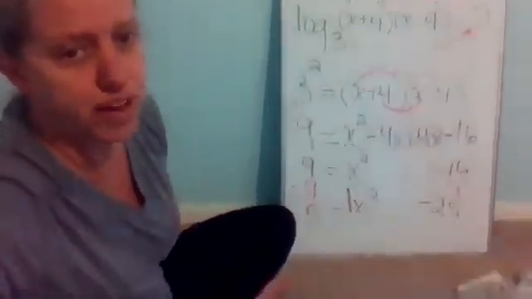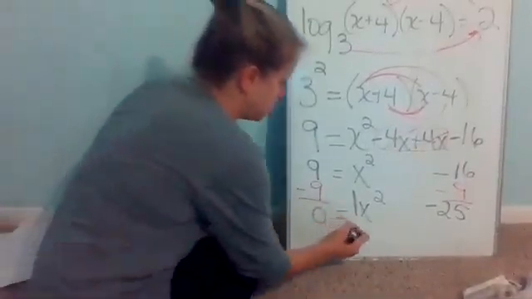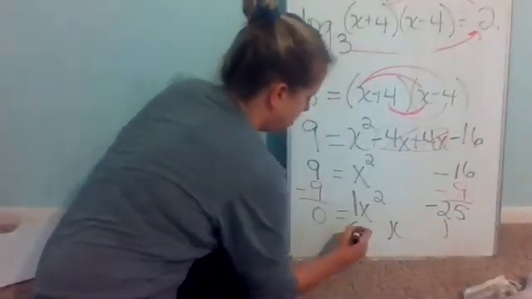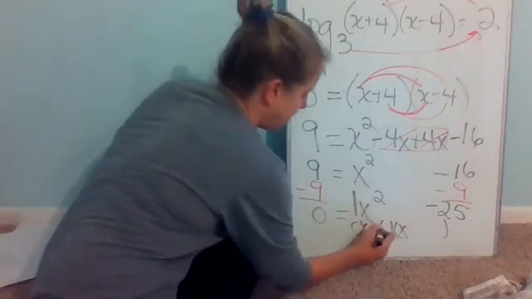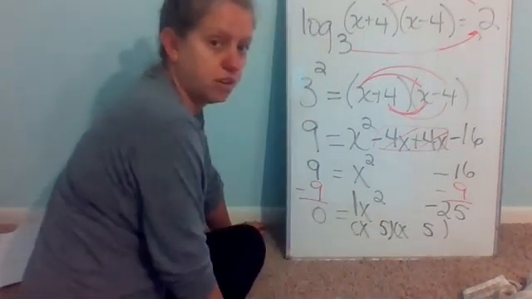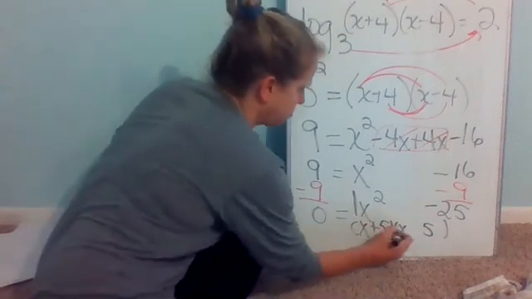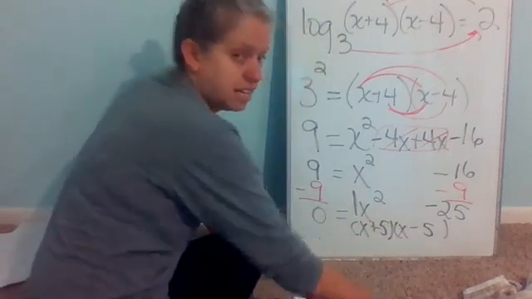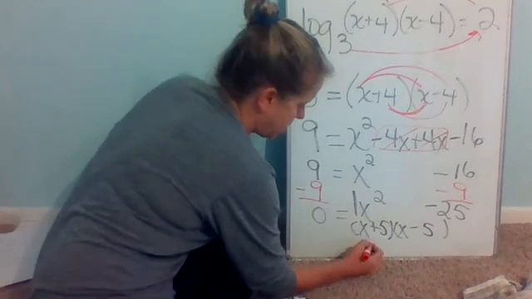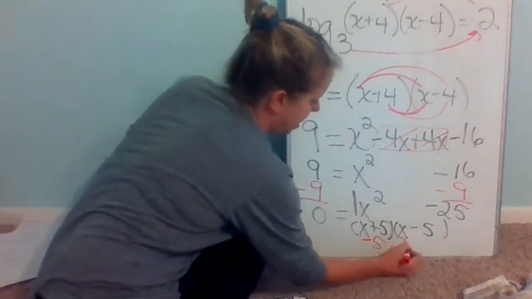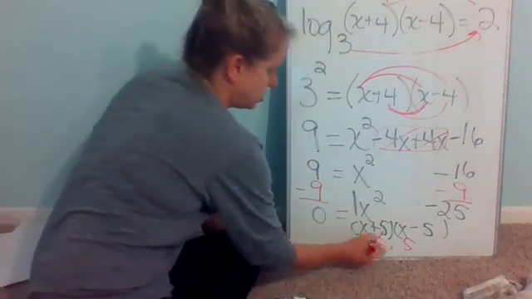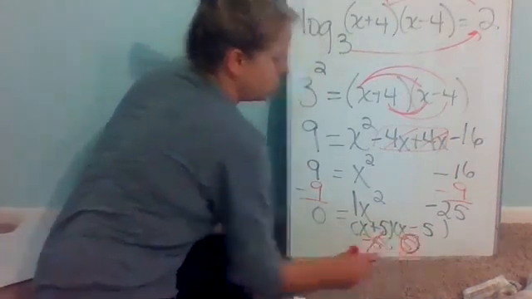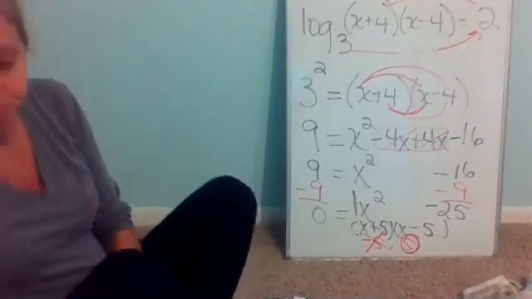Or if you choose to factor it by hand, that's a difference of squares. x and x for x squared, 5 and 5 for 25, one plus, one minus. When you set those equal to 0, that one's going to give you negative 5, and that one will give you positive 5. Your negative answer is not true, so positive 5.